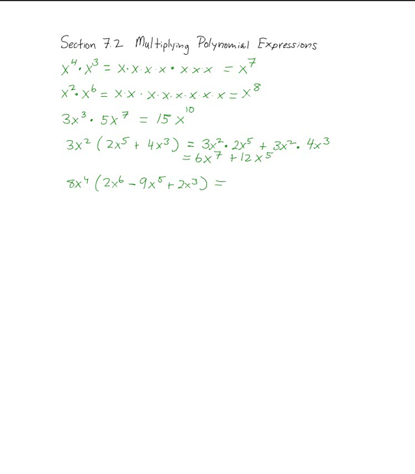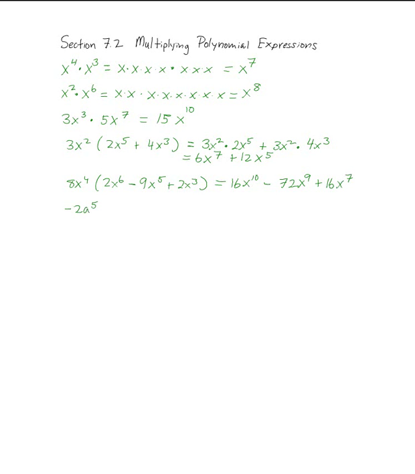I would hope you could pretty much do this in your head. 8 times 2 is 16, and then I add my powers, so I get x to the 10, minus 8 times 9 is 72, add my powers, x to the 9, plus 8 times 2 is 16 again, x to the 7. So I would hope when I give you a monomial times a polynomial, you could do it like that in one step. Now the only thing to watch out for is a minus sign.